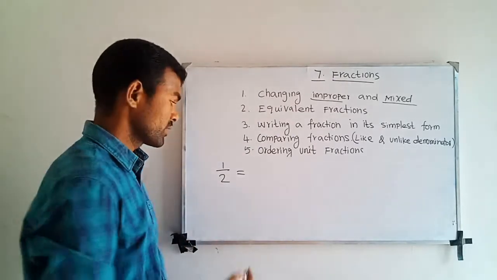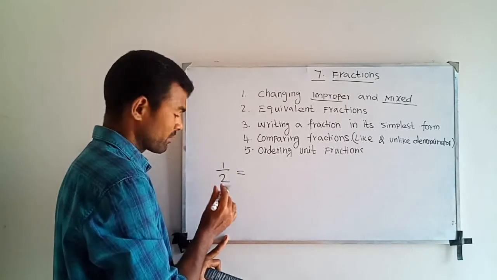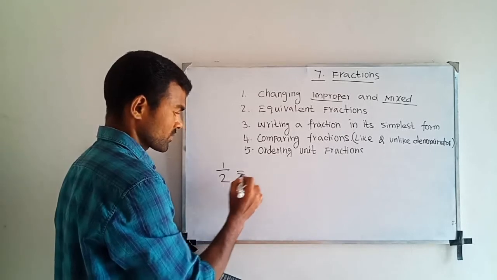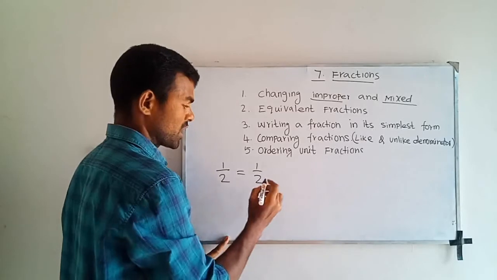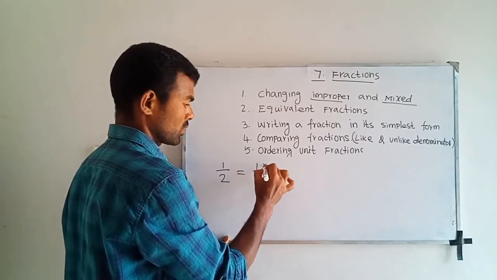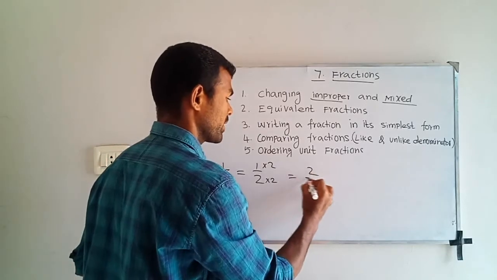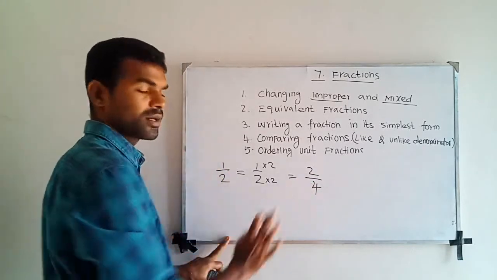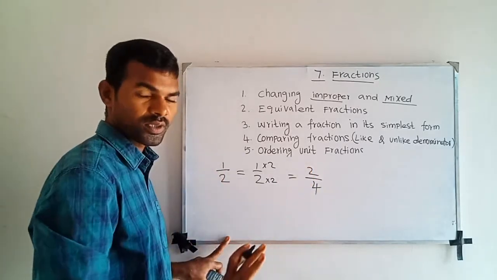So after 1 by 2, you have to multiply. If you multiply both numbers by 2, how much are you getting? You are getting 2 by 4. See, this and this both are equal. 1 by 2 and 2 by 4, both are equal.